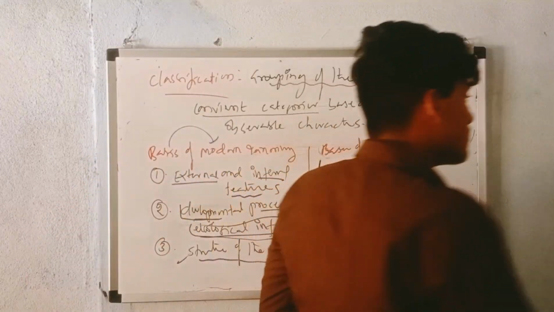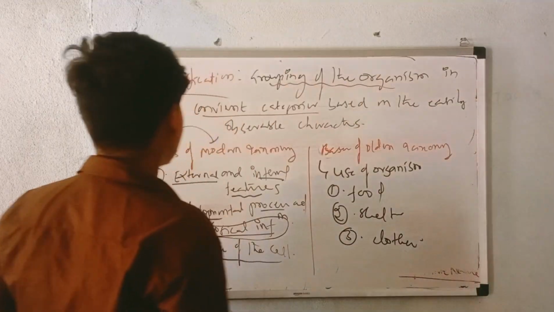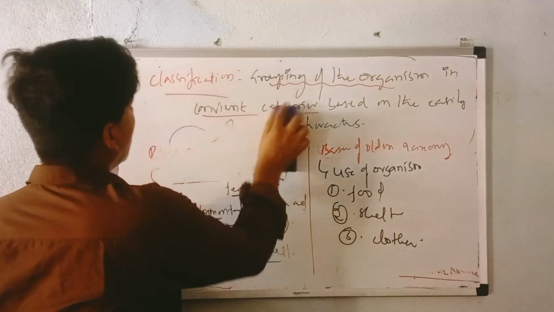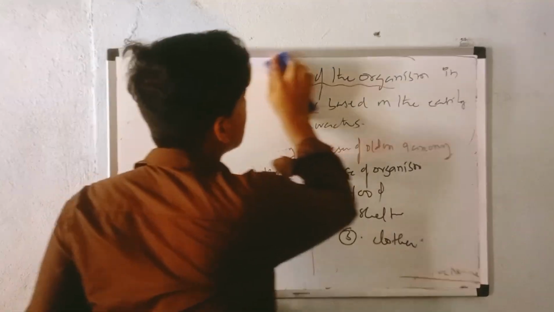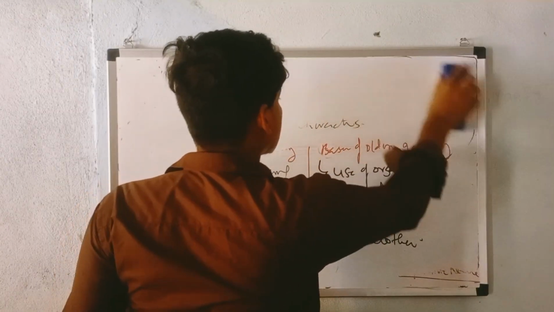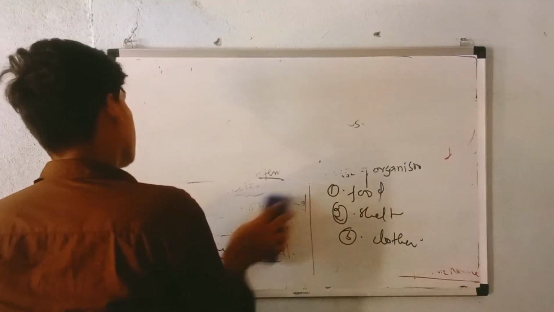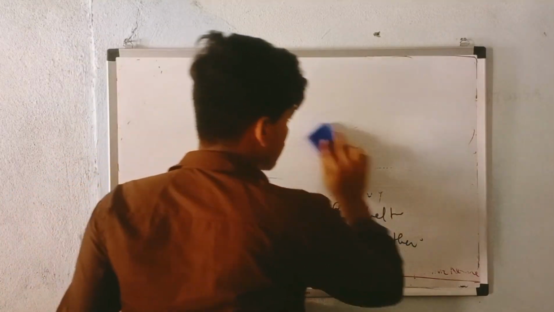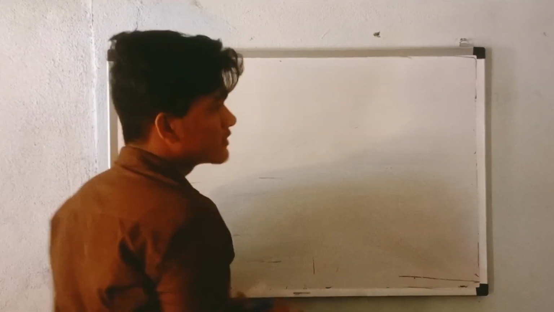Now, what is the necessity of classification? For a particular biologist to remember all the organisms' characters, there are 1.7 to 1.8 million organisms. I already said in the first part of the class that 1.7 to 1.8 million organisms have been discovered till now.